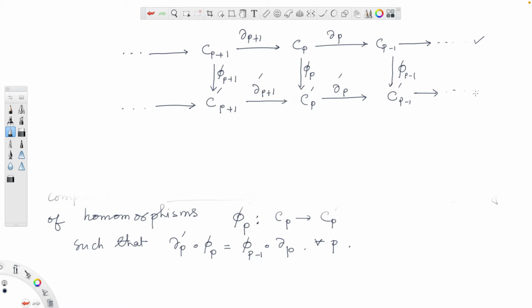The second sequence here is another chain complex, and the chain map between these two chain complexes is a family of homomorphisms that we have written down here, so that these homomorphisms satisfy this equality.